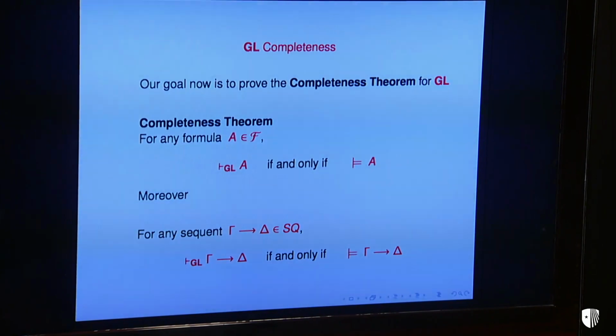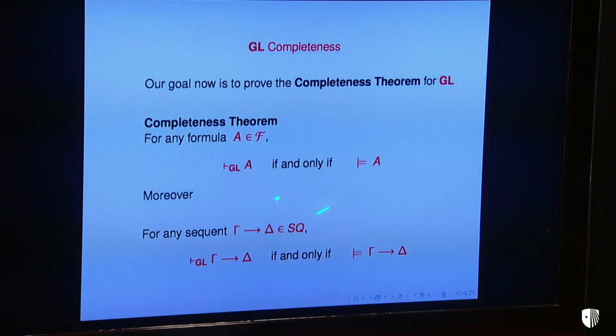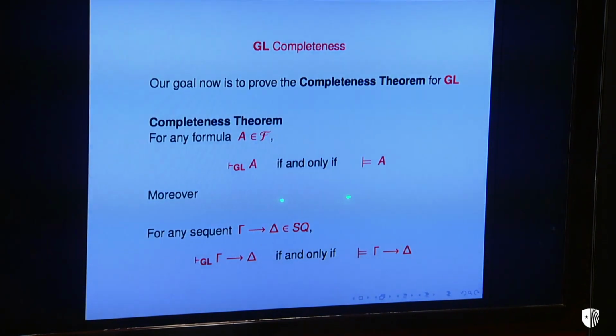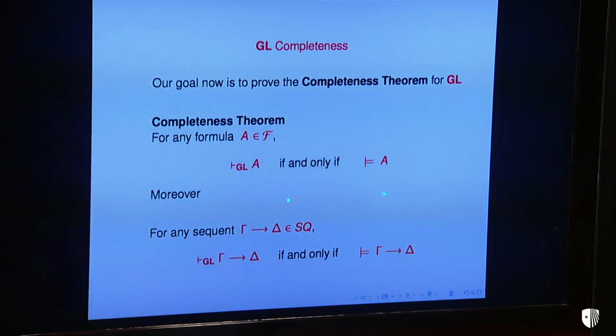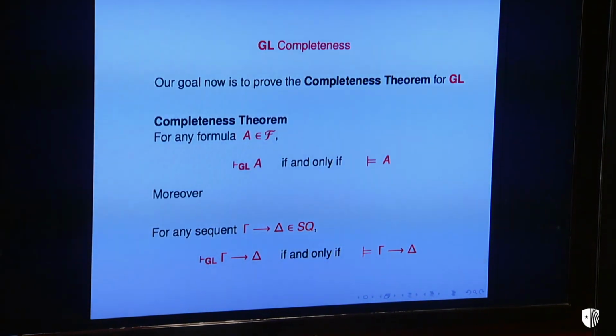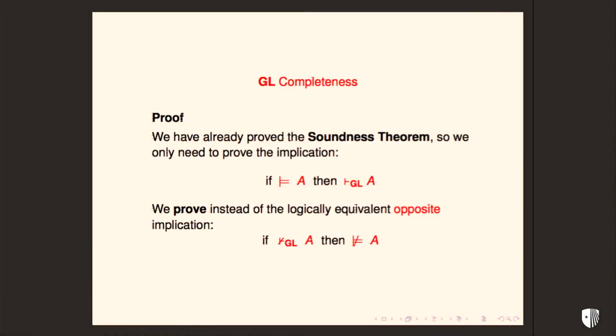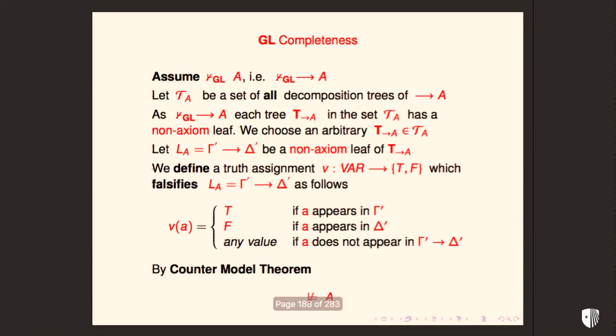The completeness theorem for the formula is this, for the sequent is that, and you know a formula has a proof if the sequent built out of only that formula has a proof. So if you want to prove that, we prove the opposite implication: that if A does not have a proof, then it's not a tautology.